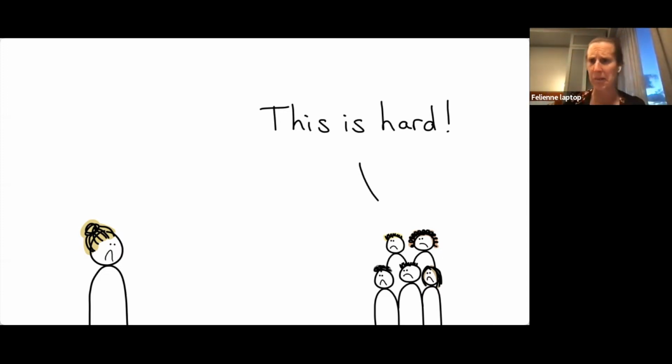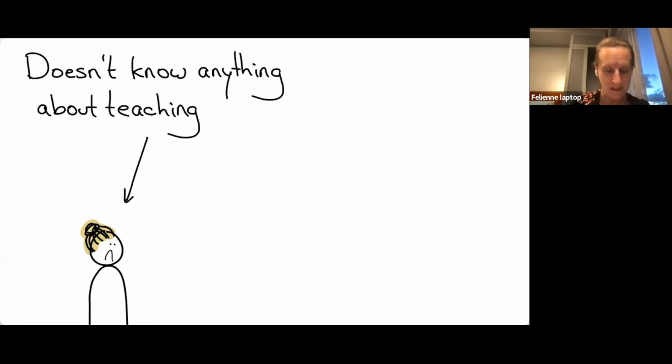So I was like, this is weird. I'm allegedly a good teacher. People tell me I'm a good teacher, but I'm not teaching well. And then we have to go back to the beginning of this talk where I said I didn't know anything about teaching. I knew a lot about programming, but basically nothing about teaching.